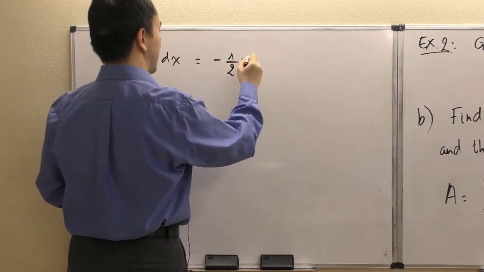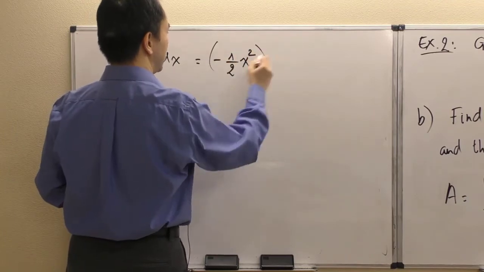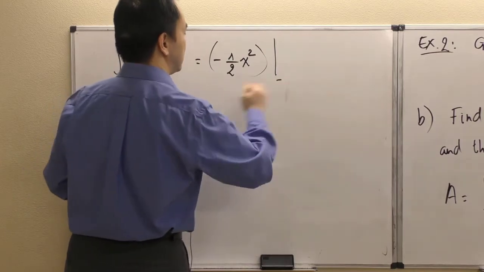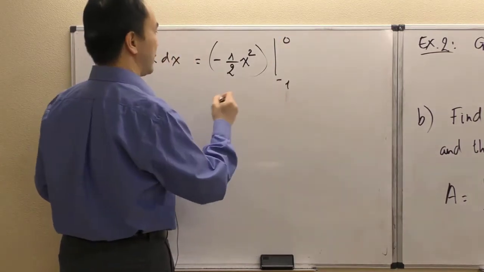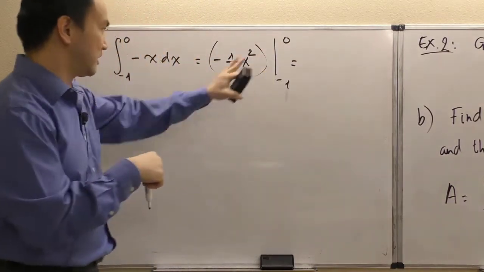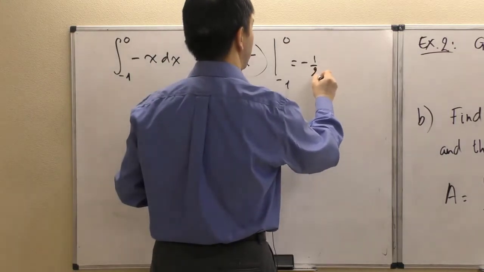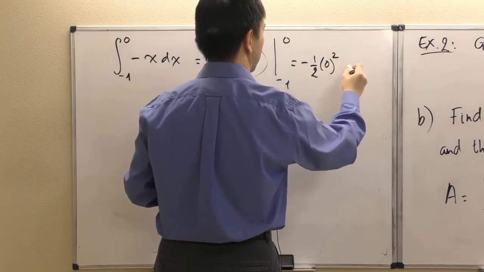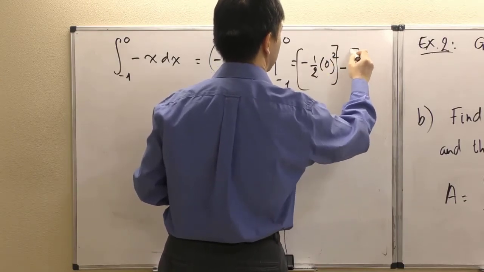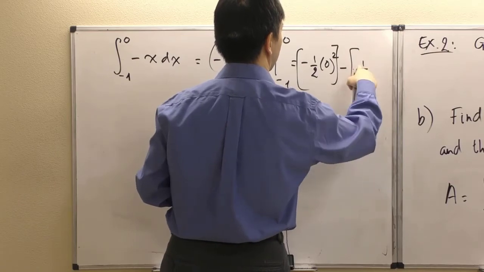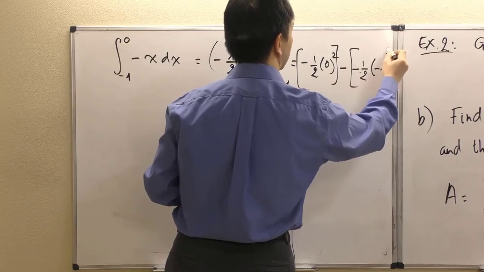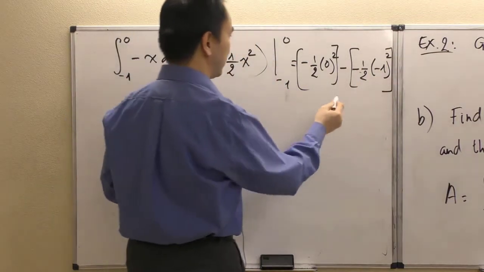So -1/2 times x squared, and then we substitute in -1 to 0. 0 is the higher end for this integral, so I substitute that in: -1/2 times 0 squared, minus -1/2 times (-1) all squared.